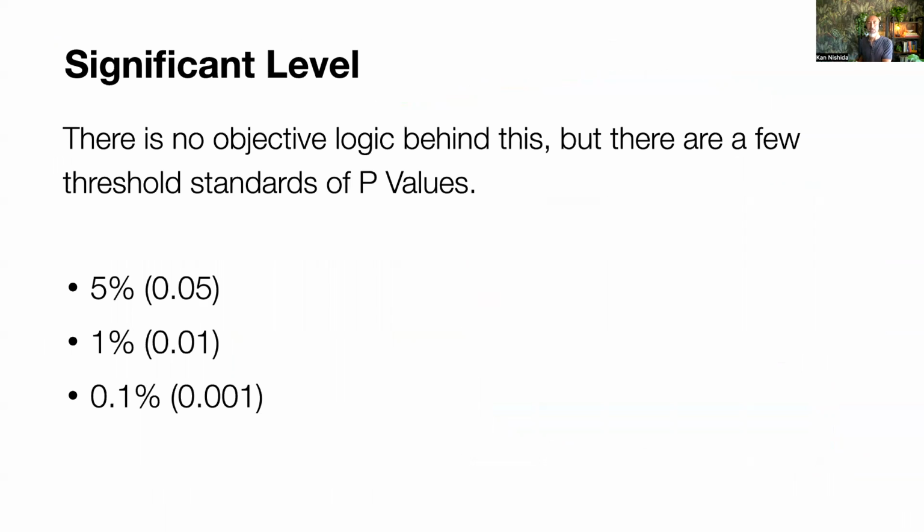Usually before you do this testing, you define the threshold. Typically 5%, 1%, 0.1%, or maybe some other number. There's no objective logic behind this, but we pick some numbers, and typically 5% is often used.